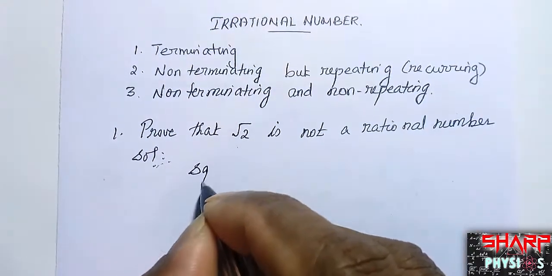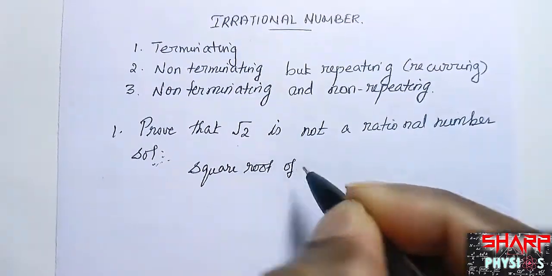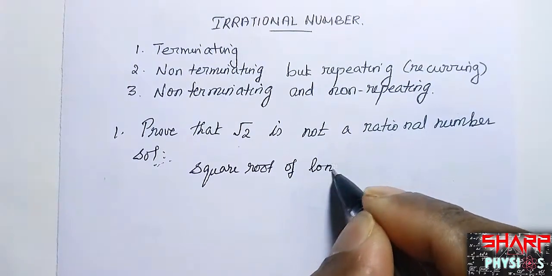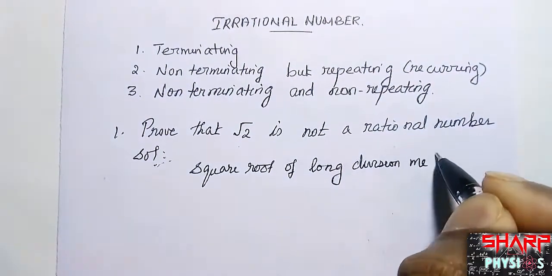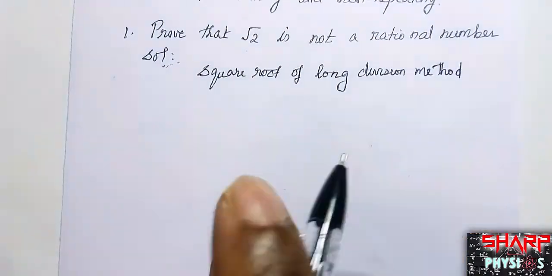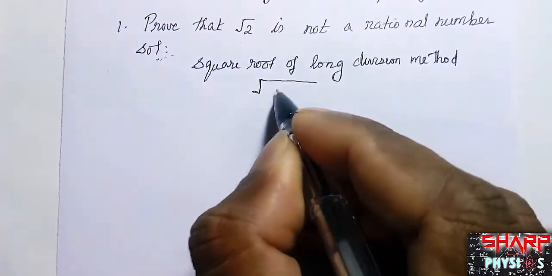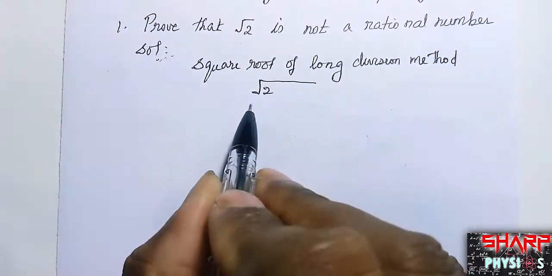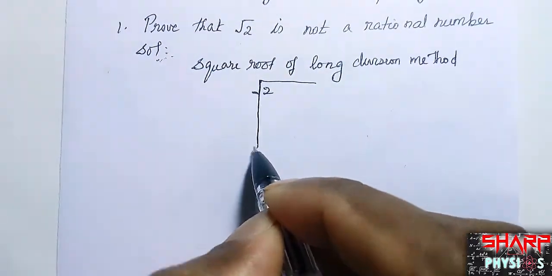We will be solving this by means of the square root long division method. What we are going to do is take the 2 inside and solve by means of the long division method.